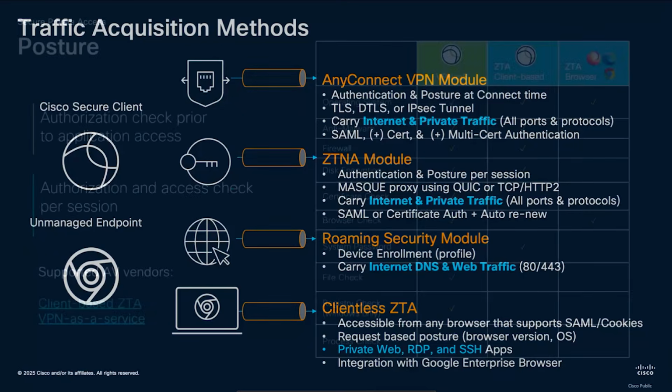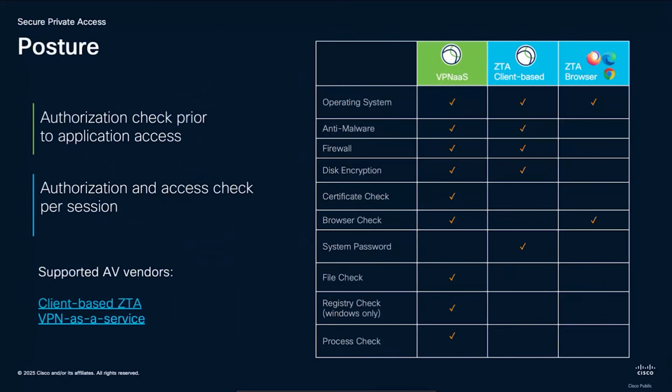Okay, so when we speak about posturing, we support different methods of posturing. Of course, there are different levels of posturing based on the connection method, which permits us to do more or fewer checks, with the VPN as a service offering more capabilities to check the endpoints used by the end user.